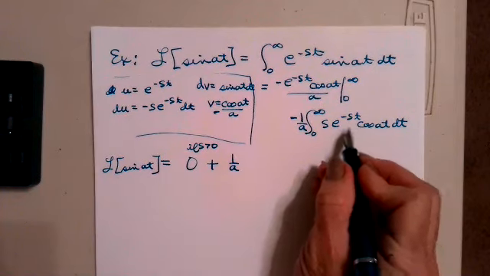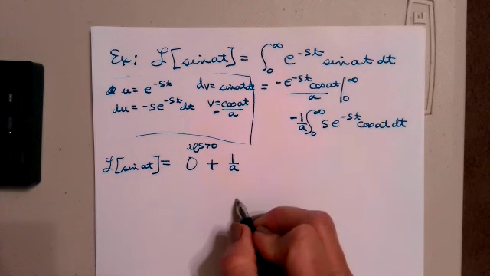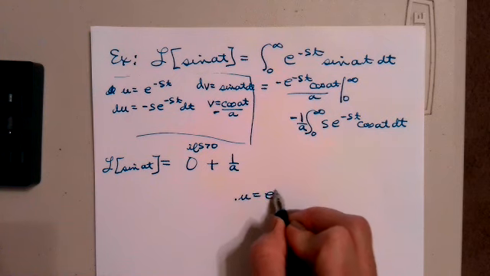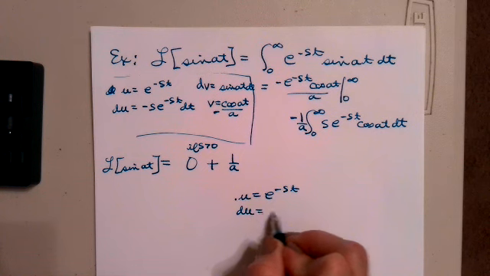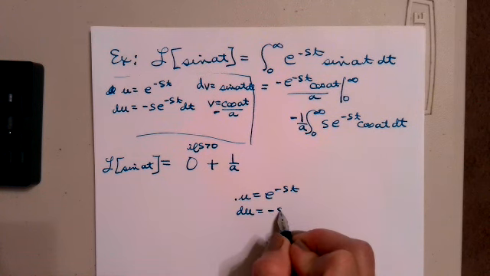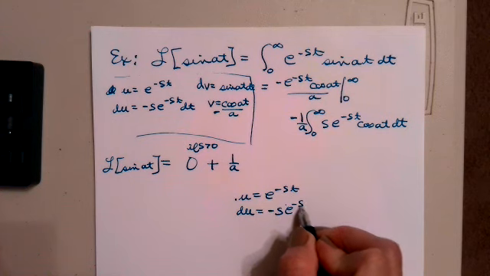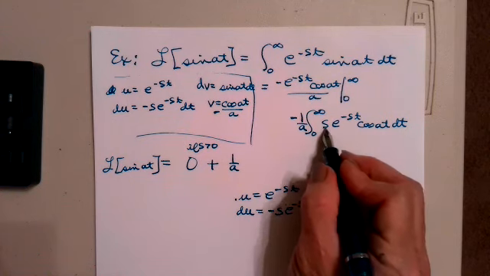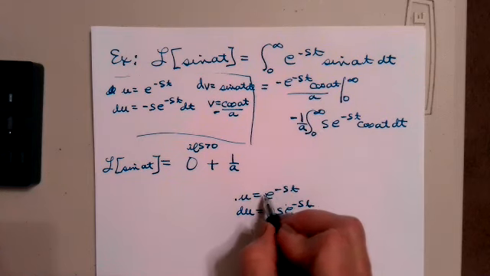So now, again, what do we do here? You have to do the integration by parts again. So now when you do the integration by parts again, you better do u is e to the minus st, and then du is minus s e to the minus st. S is not the variable of integration, so I can move it out in front, or you could keep it here with it if you like.